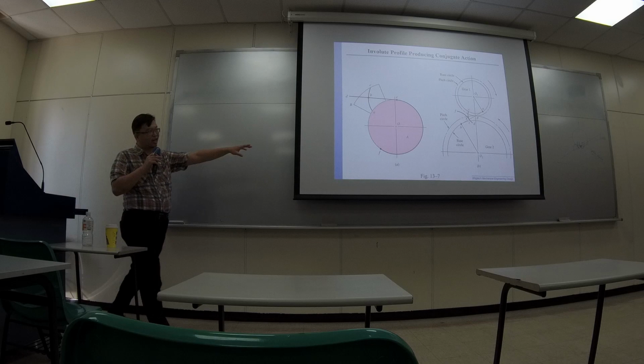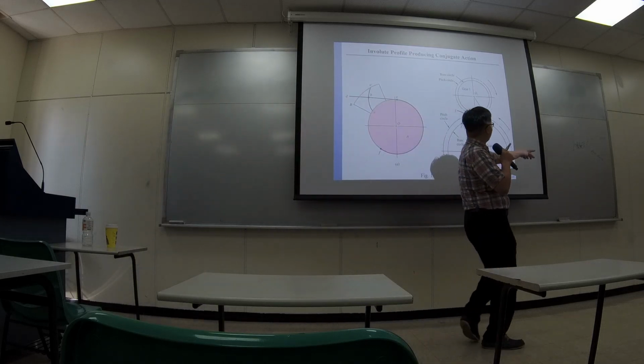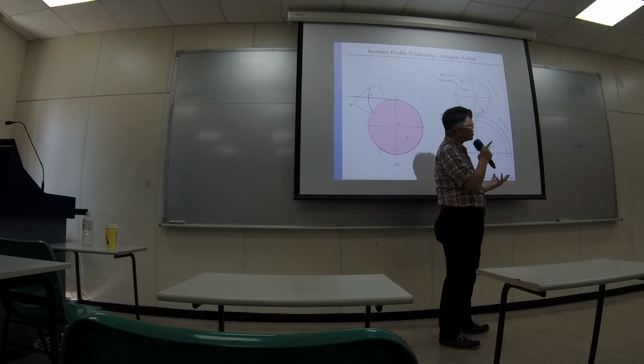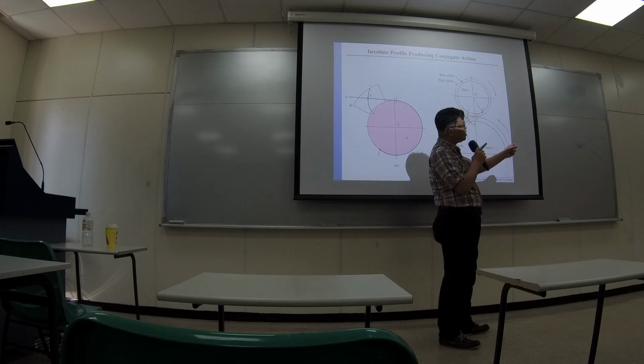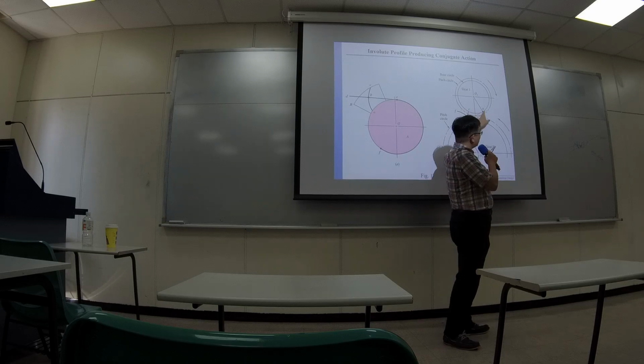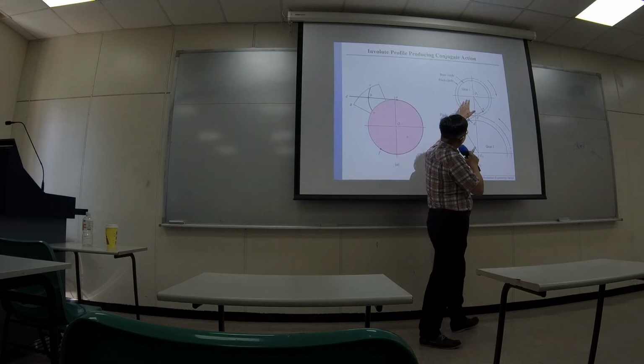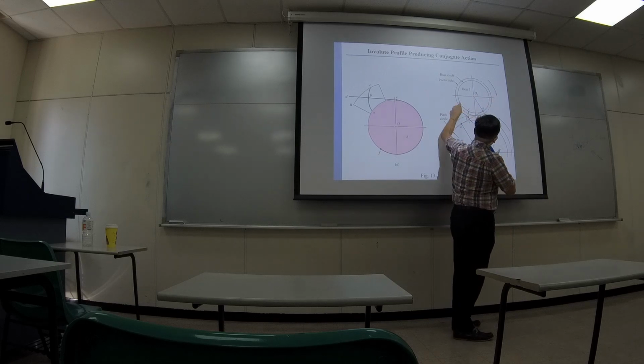This is exactly what I show you right here. Okay? A and B represent the starting and the ending of their conjugate motion. So imagine gear 1 spins clockwise.